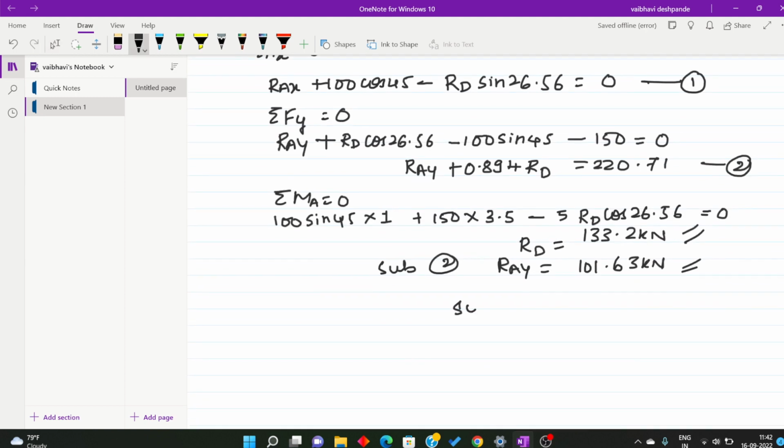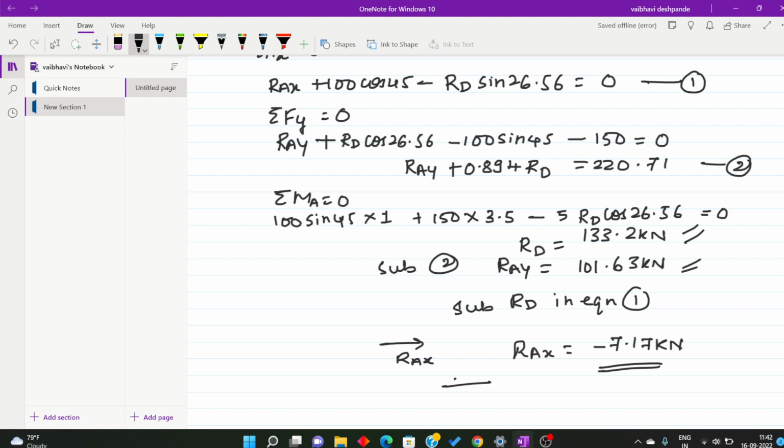So we get RAX equal to minus 7.17 kilonewton. What does it mean? We assumed RAX in one direction, but negative means RAX is towards negative x. That is the only meaning. You need not be afraid of it.